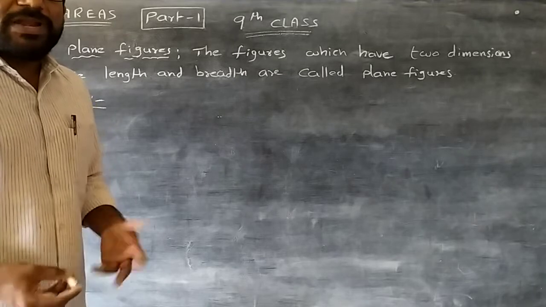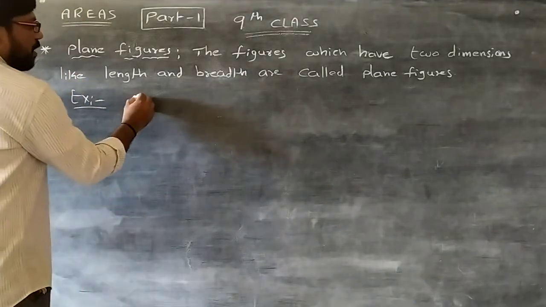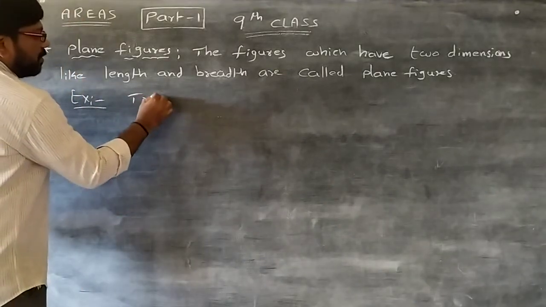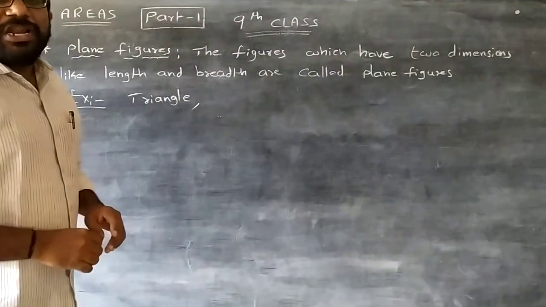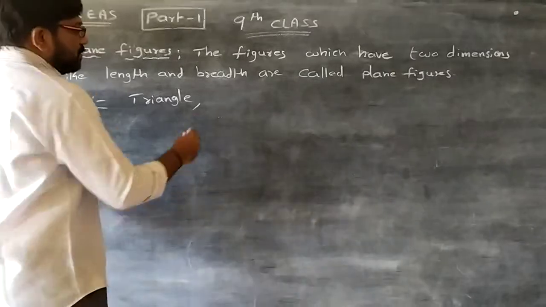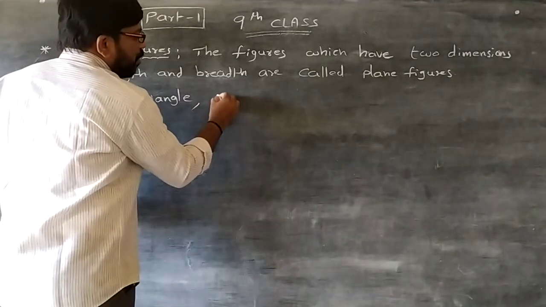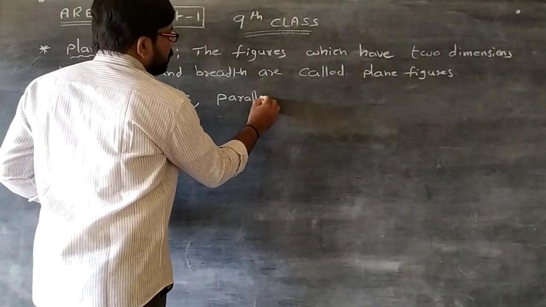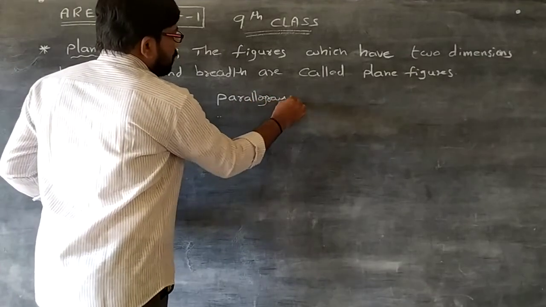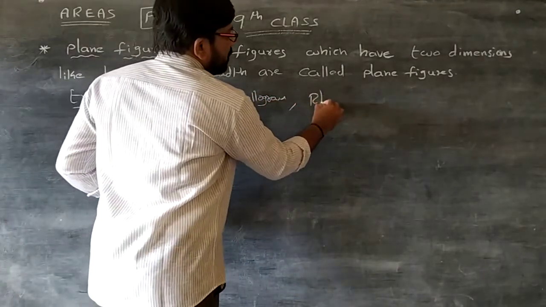For example, plane figures: triangle, and quadrilaterals. Triangle, parallelogram. Next, rhombus.